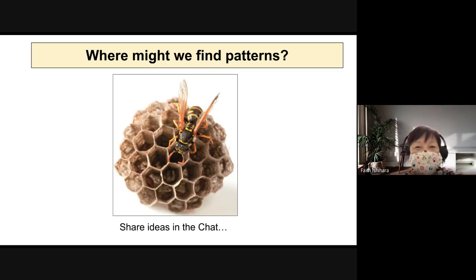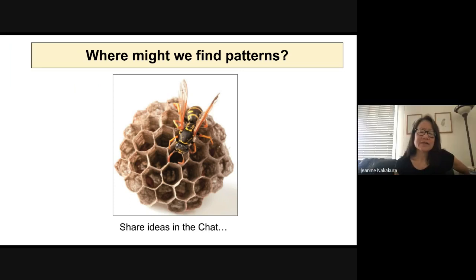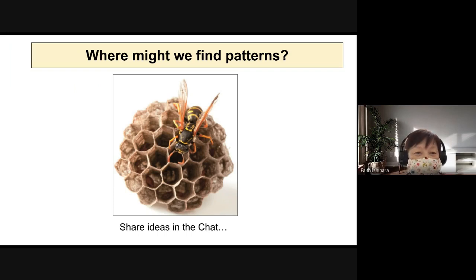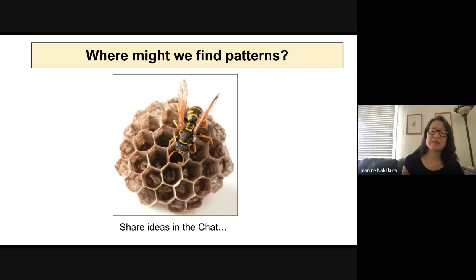Okay, so looking at pattern recognition, where might we find patterns in the world around us? So share some ideas in the chat. Well, I see that, what do you call that? Beehive? I don't know if that's a bee. We have bees in our backyard, and they're not brown like that. No, that's not a bee. That's something else.